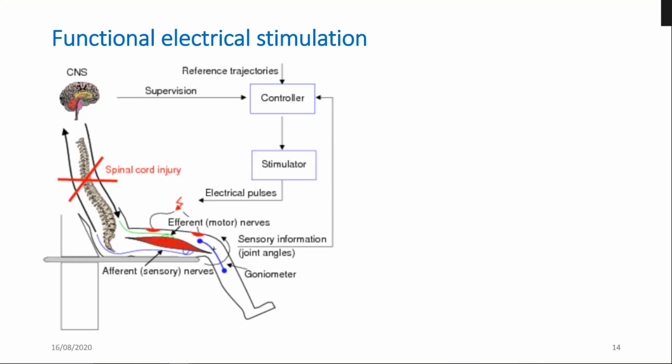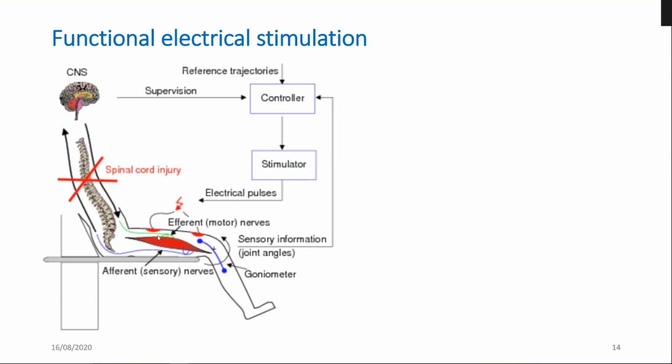Now, if a person has this kind of injury, how can we restore their functionality? The theory is very simple. In the same way that the brain activates the muscles, we can provide electrical signals into the muscles to activate them.